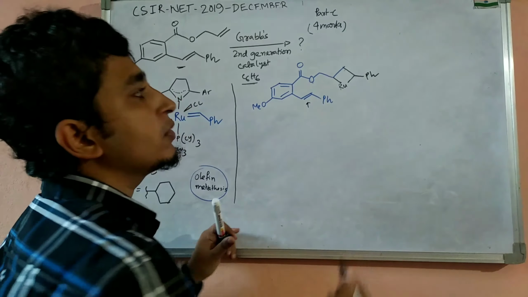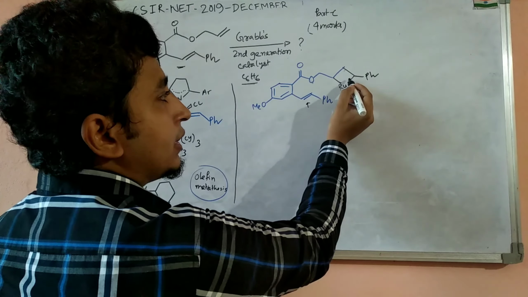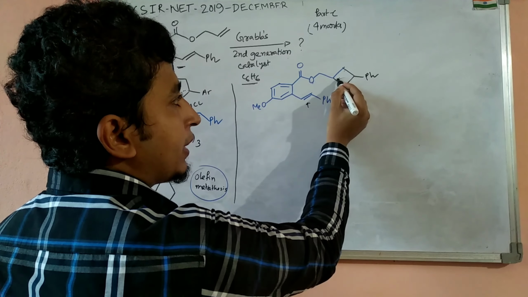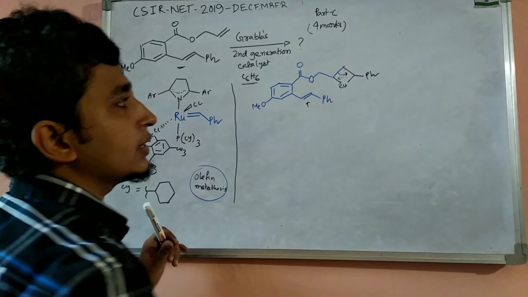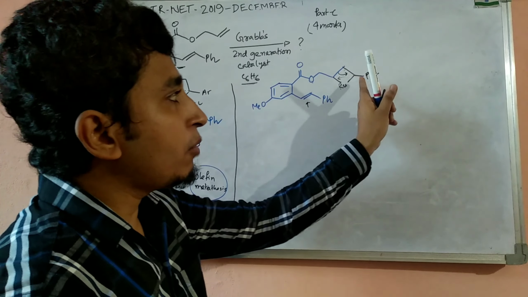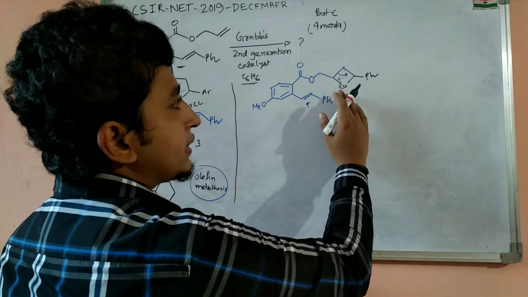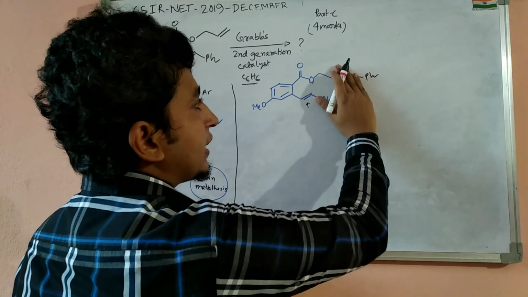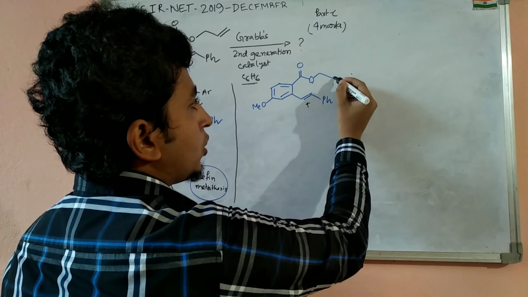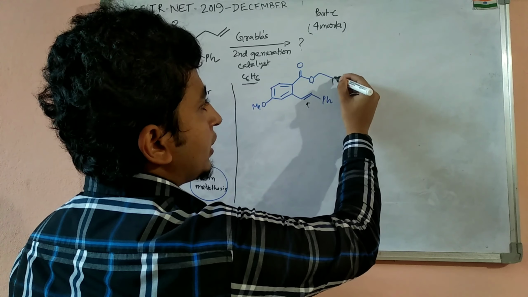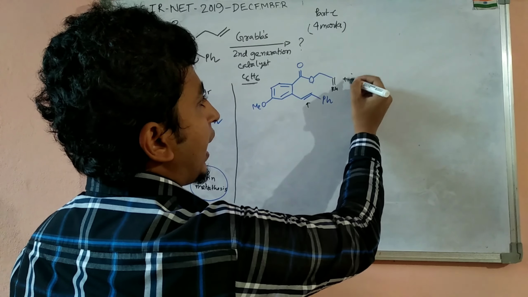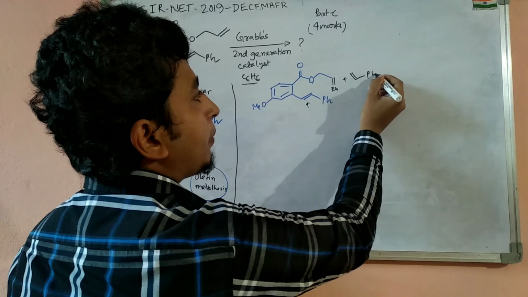And after formation of this four-membered ring, what will happen? This bond will come here and this bond will come here. So therefore, a styrene molecule will come out and a double bond ruthenium will form here. So guys, I am drawing the structure here. So the double bond ruthenium will form here and a styrene molecule will come out.